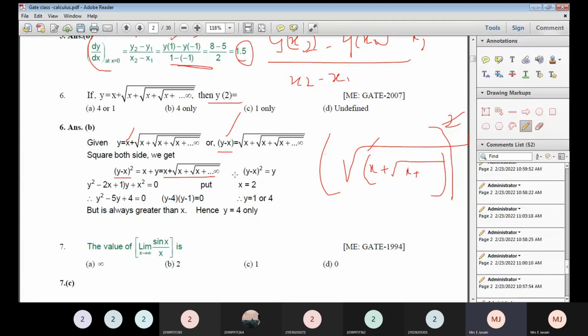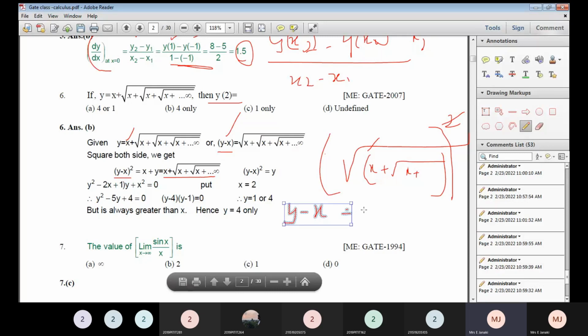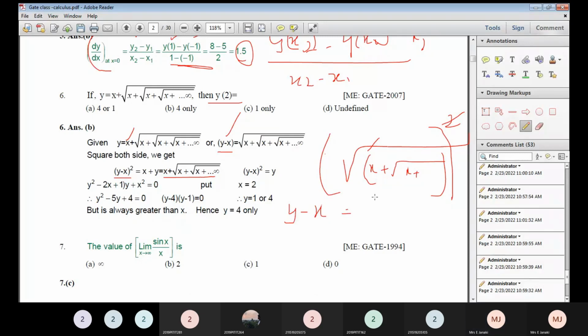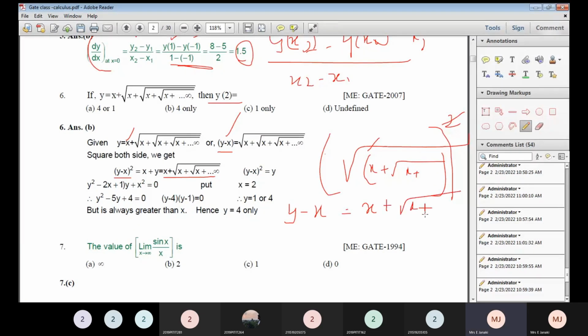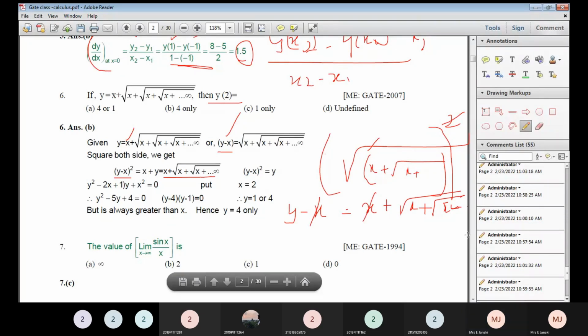On the left side, we have y minus x the whole square. Here that root and square get cancelled, so we get x plus square root of x plus square root of x plus, and so on up to infinity. Now clearly this minus x and plus x get cancelled.